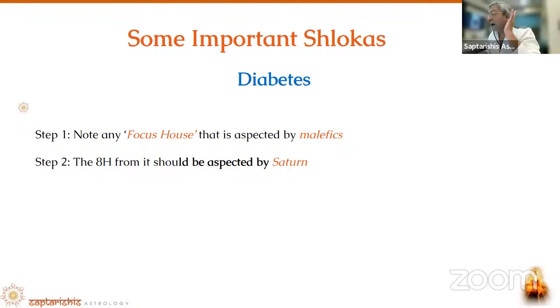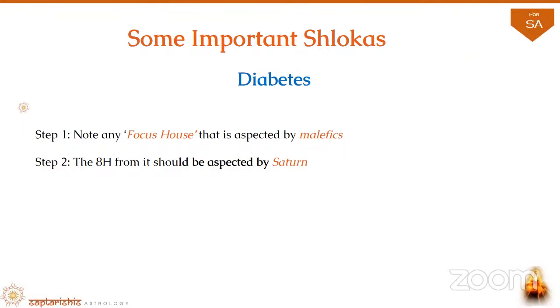Okay. Say Ketu Mars, whatever. The 8th house from it should be aspected by Saturn. So what is the common sense here? Saturn will give chronic disease, right? 8th house is chronic.